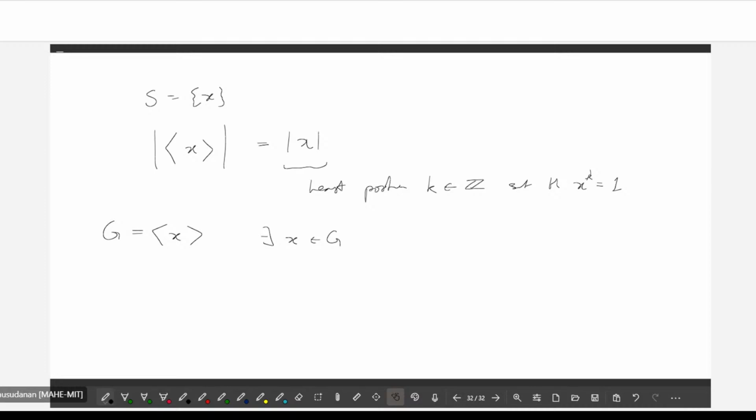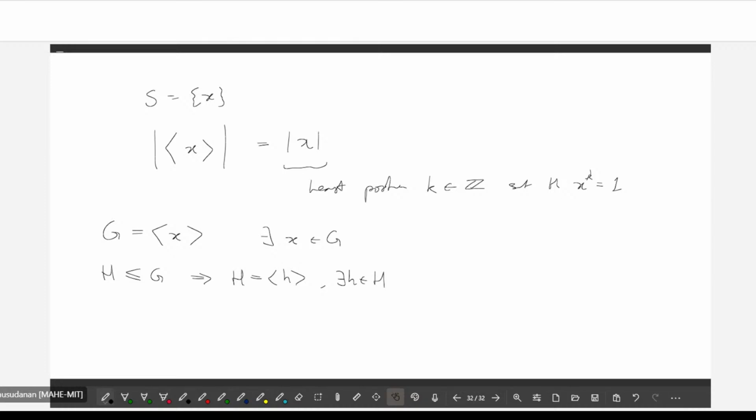What is the basic property of cyclic groups, or subgroups of cyclic groups? What can you say about them? They are also cyclic. Any subgroup H of a cyclic group is cyclic. And what about quotients?